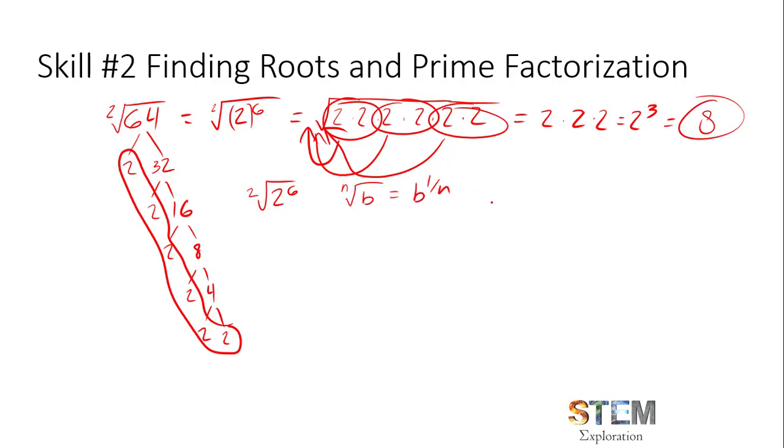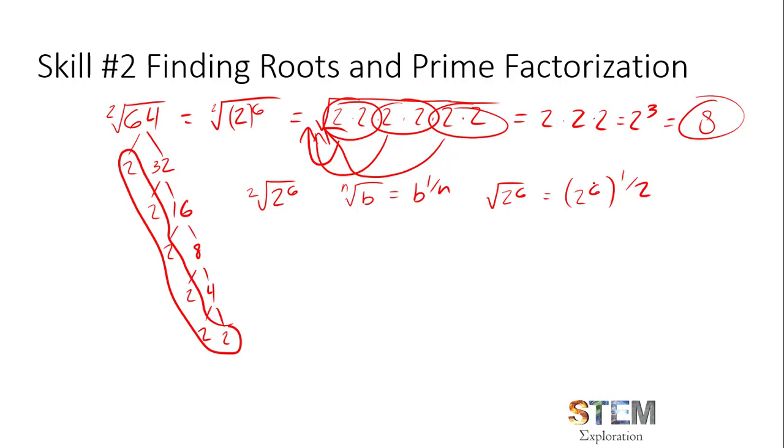So if that's the case in this circumstance, b being 2 to the 6th power and 2 being the index, we can say that the square root of 2 to the 6th is equal to 2 to the 6th, and in parentheses, the 1/2 power.